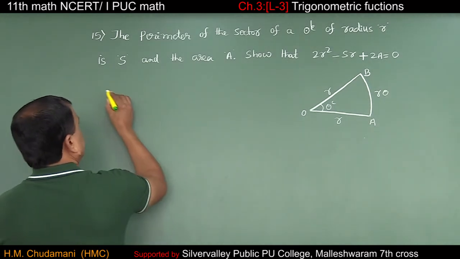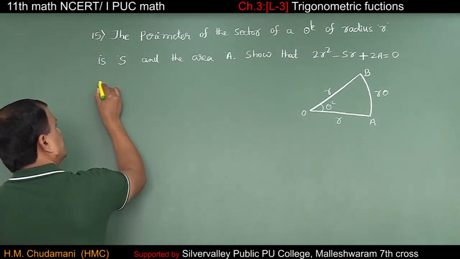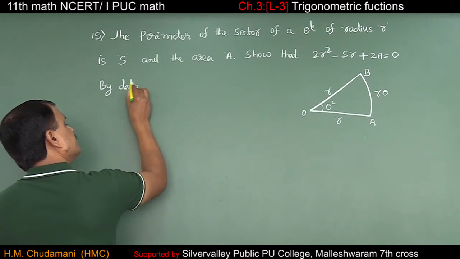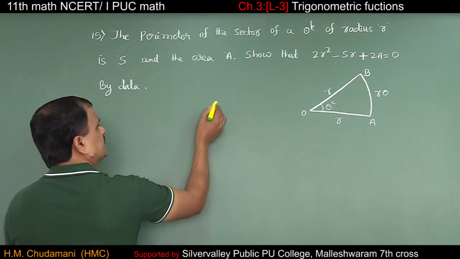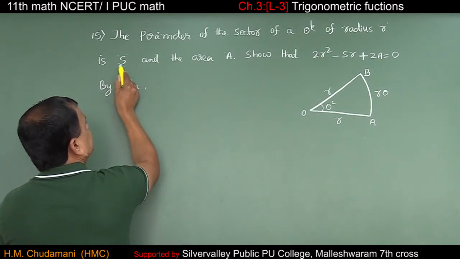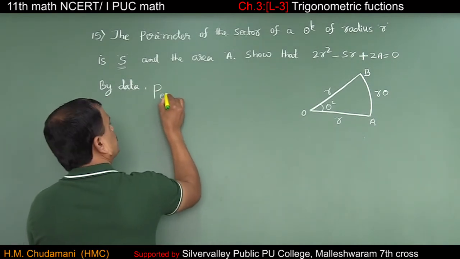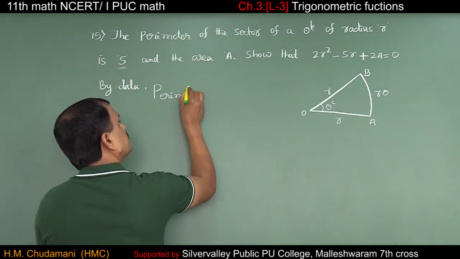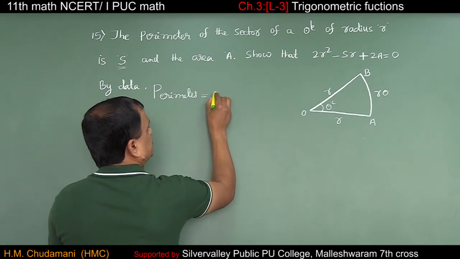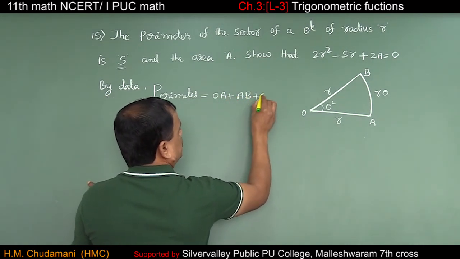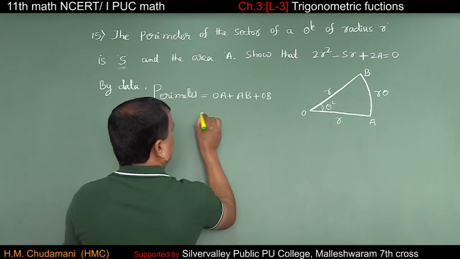Now let us see by data. Perimeter is S, they have given by data. Perimeter equals OA plus AB plus OB.